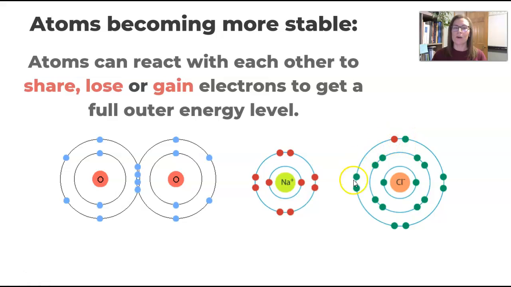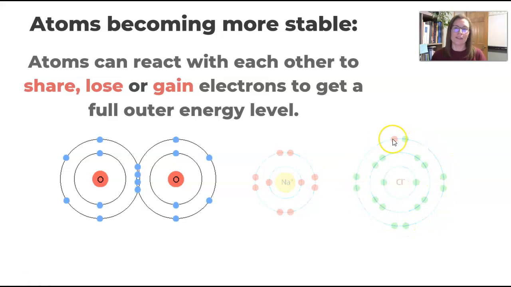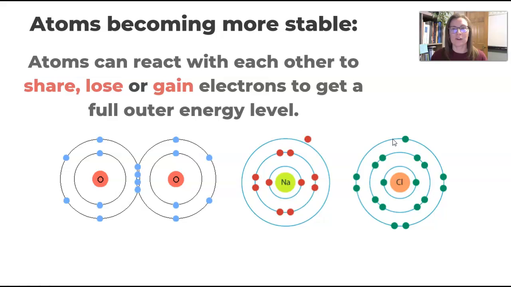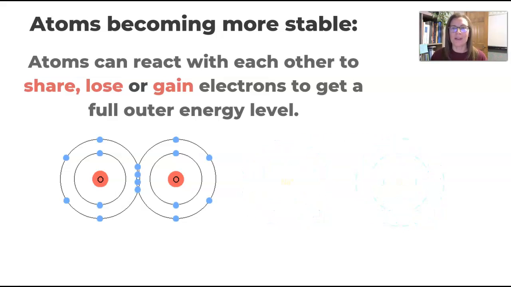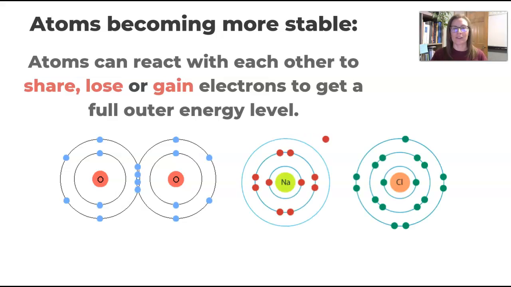Chlorine only needed one more to become full, and now it is. So these are just different ways that atoms can become more stable by filling their outer energy level, and that is the key.